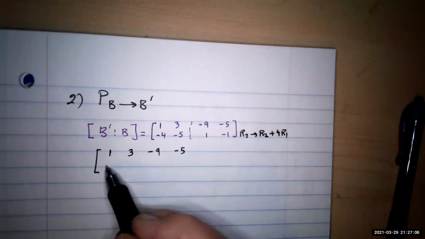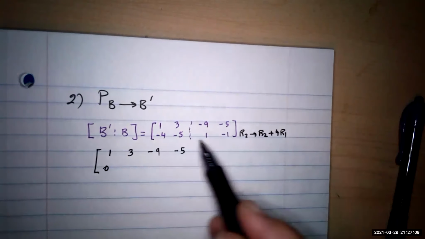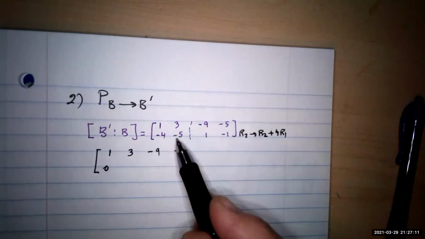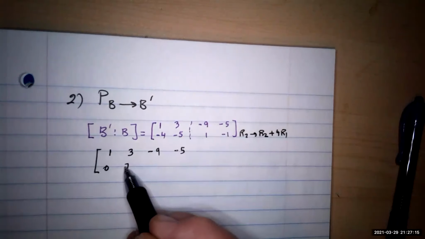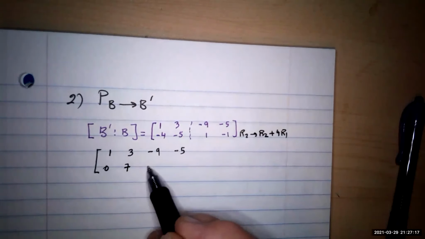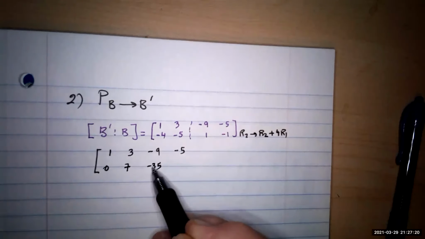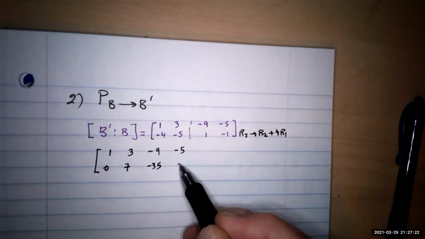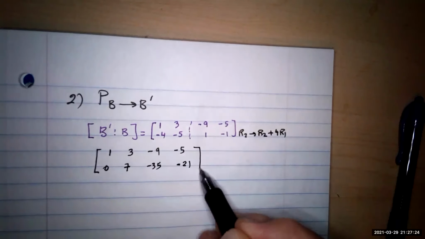And the second one, this would be 0, 12, that gives you 7, that gives you 35, and -35, and that gives you -20, 21.